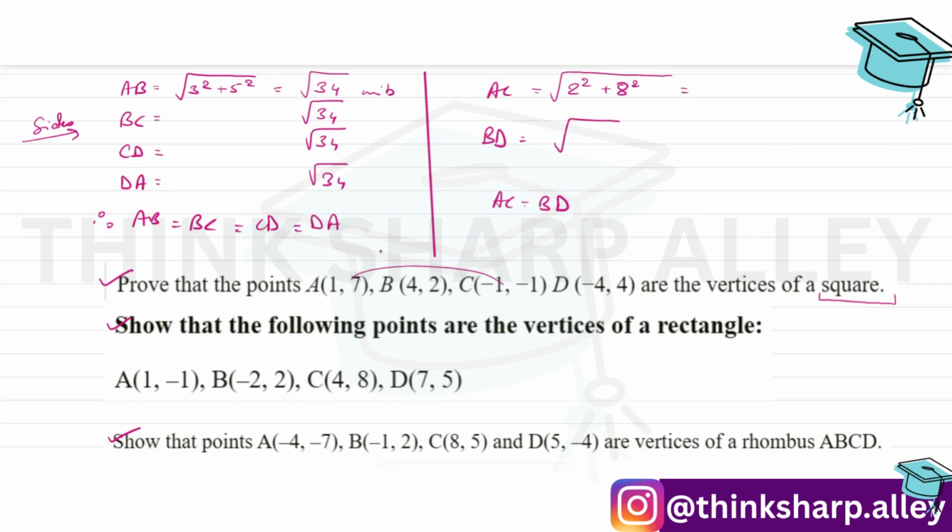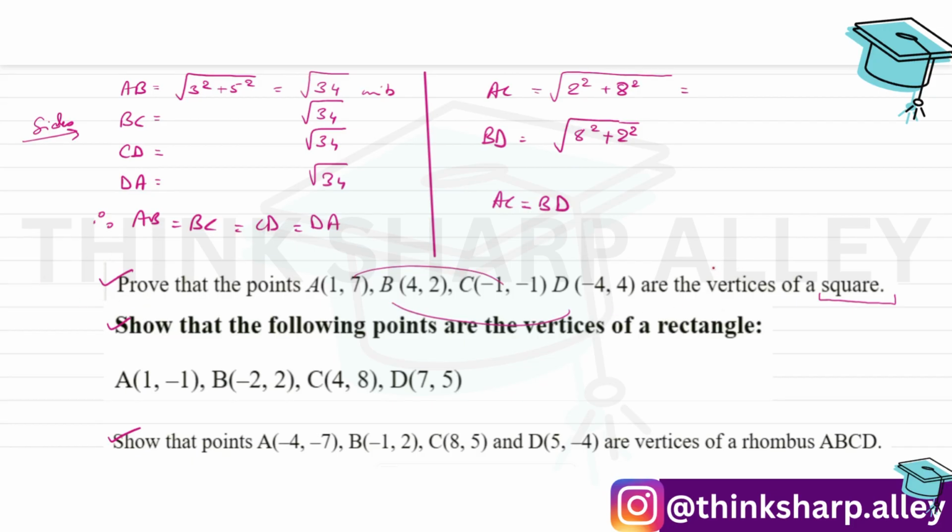So you can calculate this out. Over here BD, 4 plus 4, 8 squared, and 2 minus 4, which is minus 2 squared, that becomes plus 2 only because we are squaring. And so we see we are getting exactly the same values, right? So the diagonals are also equal and hence they are the vertices of a square.